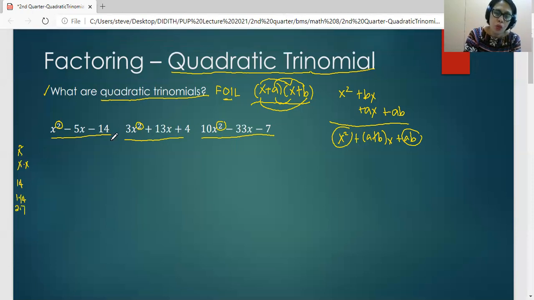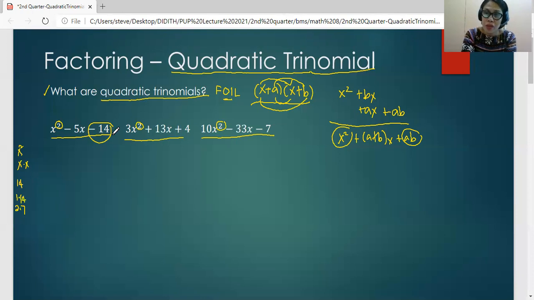Now, we have to note that negative 14 is a product of two integers with unlike signs. For example, when you multiply two unlike signs, like positive to negative, or negative to positive, this will result in a negative product.